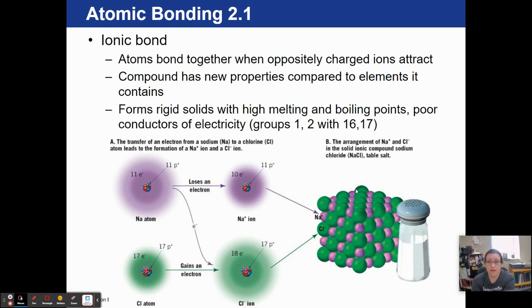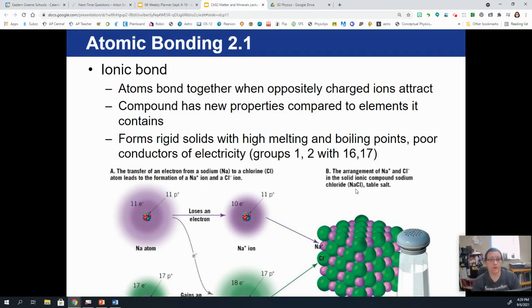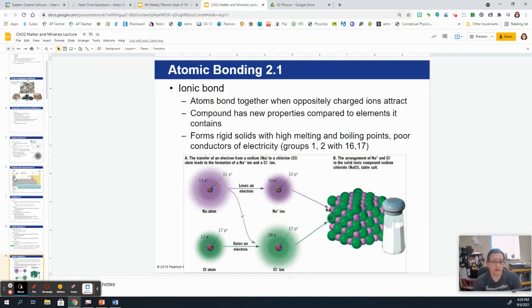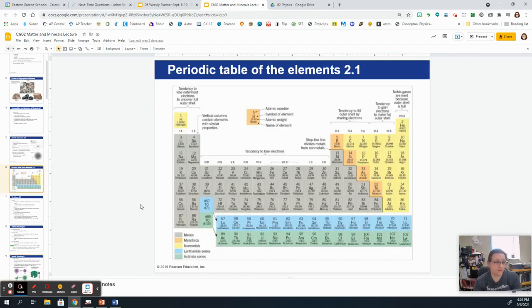So if you think back to the periodic table of elements, you'll want to look at groups 1 and 2 and 16 and 17. So groups 1 and 2 says tendency to lose outermost electrons to uncover a full outer shell. And then 16 and 17 are right here. Tendency to gain electrons to make a full outer shell.